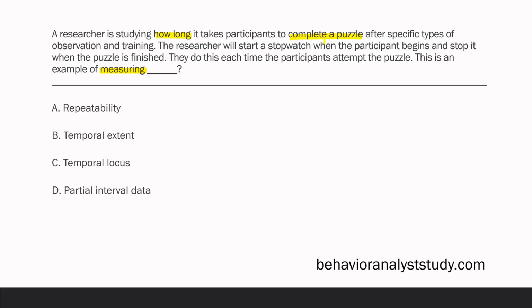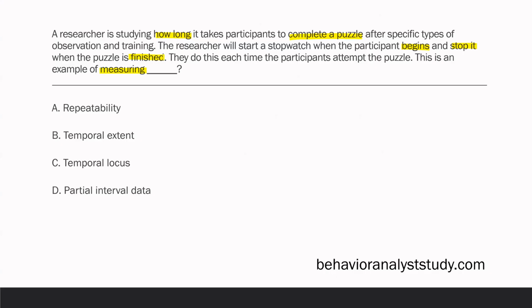And this researcher is continuously measuring this because every time the participant begins and then stops, the researcher is measuring that entire length of the activity. So the researcher is starting the stopwatch at the beginning of the puzzle and then stopping it when the puzzle is finished. The researcher is measuring a discrete response and how long that discrete response is taking.